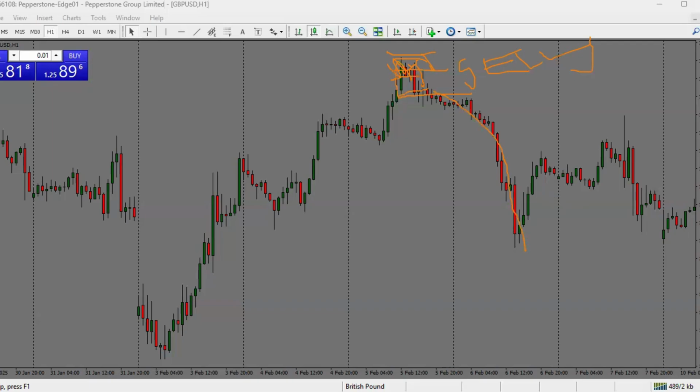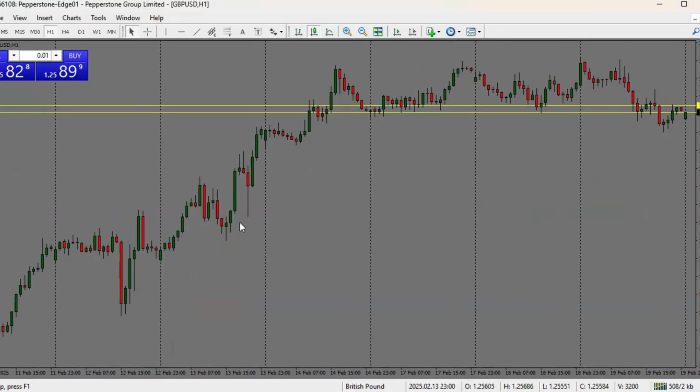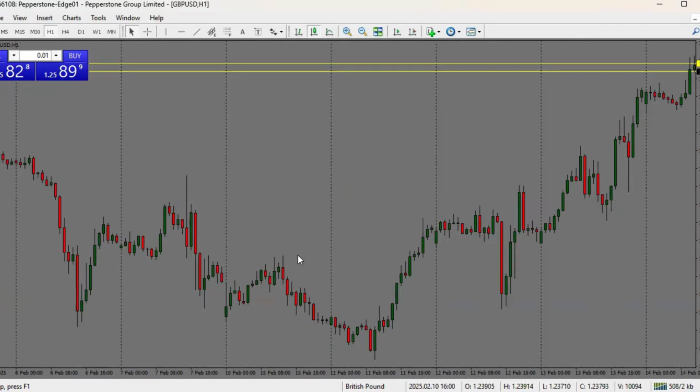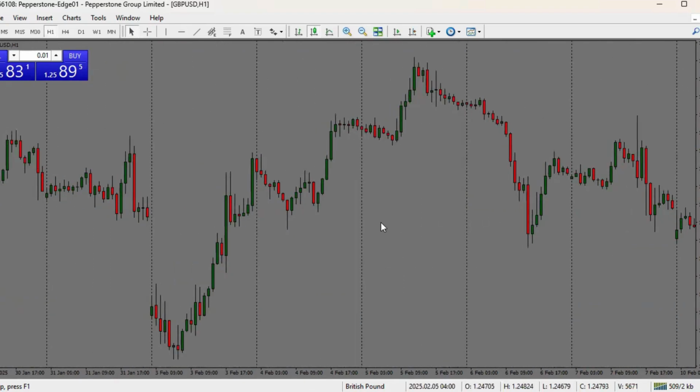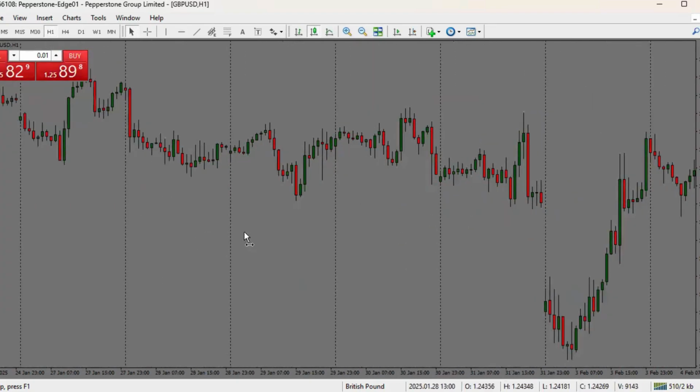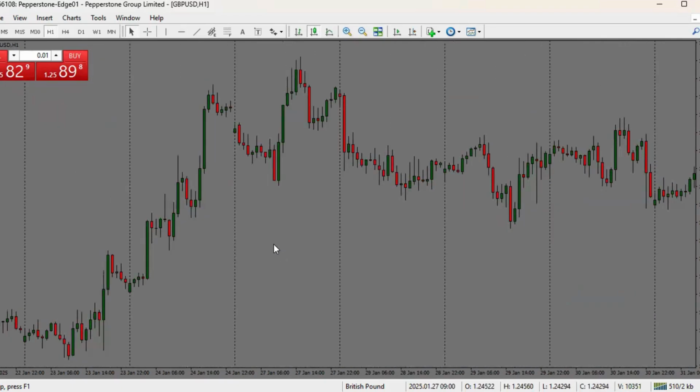Now, I'm not saying you're going to see everything as it is. Sometimes you're going to miss some things. Sometimes you're going to have false breakouts, but most of the times it will help you eliminate those bad trades and give you those quality trade setups.